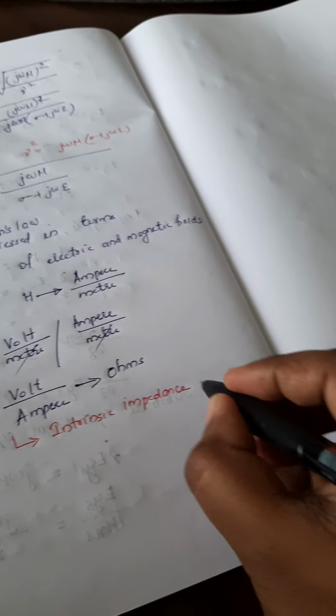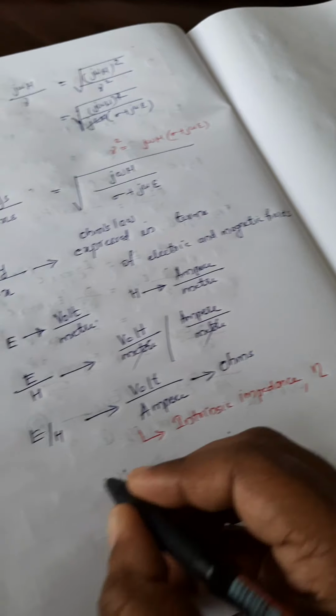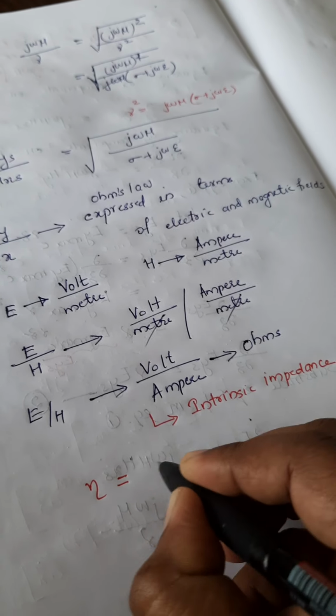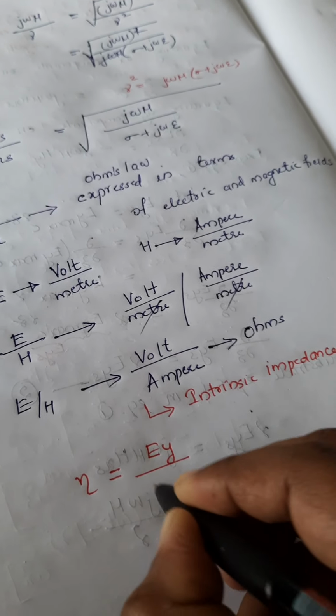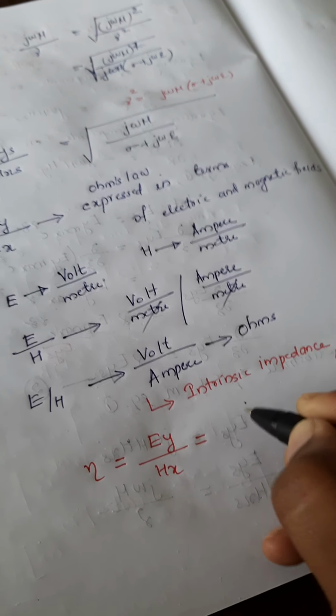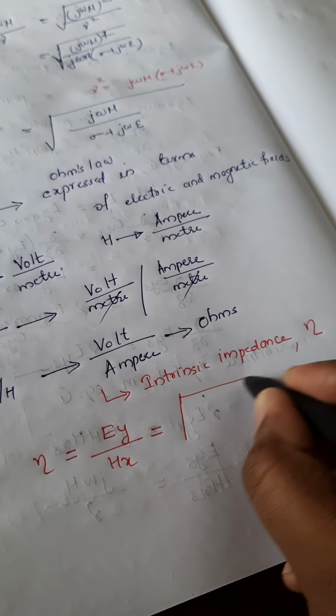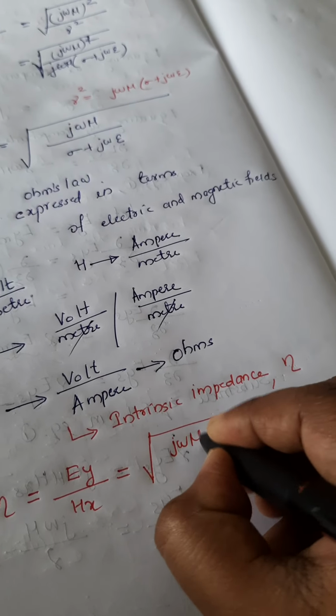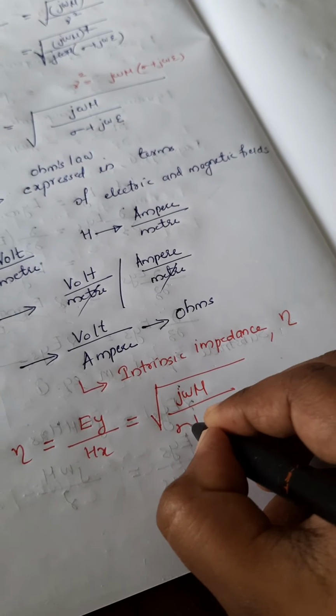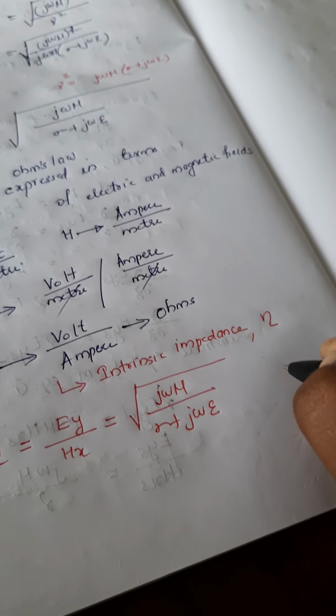Intrinsic impedance can be represented as eta, and eta is equal to Ey by Hx, which we already derived: the square root of j omega mu divided by sigma plus j omega epsilon.